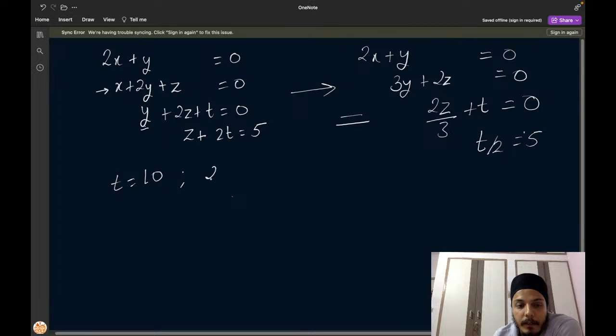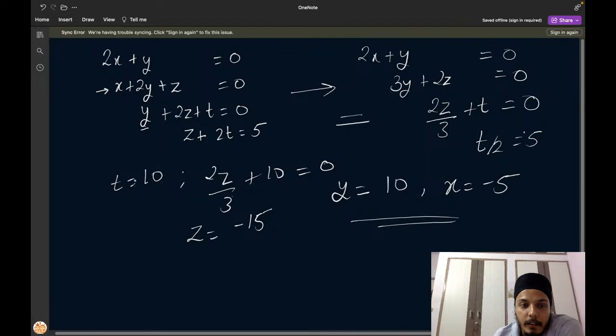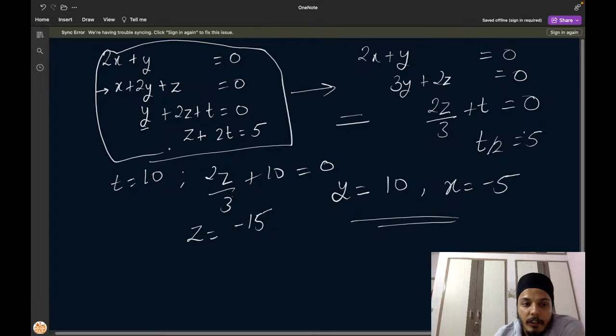Our next equation is 2z by 3 plus 10 equals 0, so z will be minus 15. Similarly, you can back substitute here and get y equals 10, and then putting it here, x will be equal to minus 5. In this way you get the answer for this set of equations using Gaussian elimination.